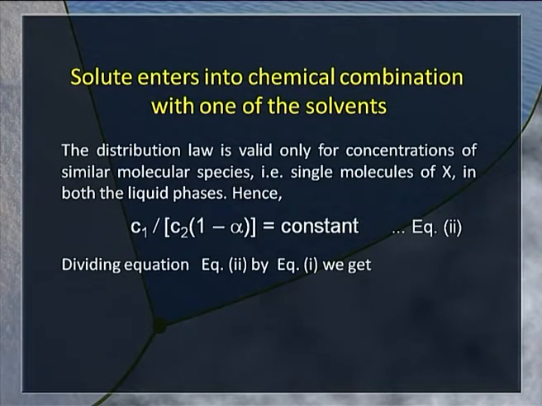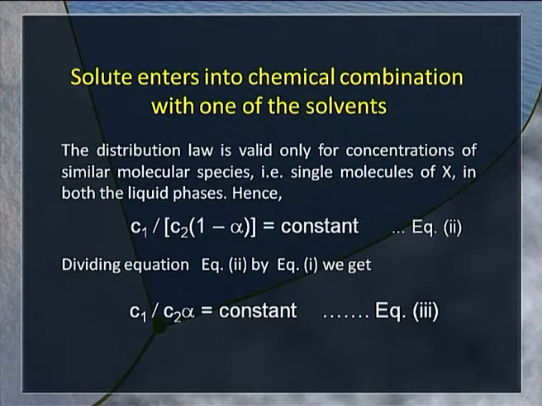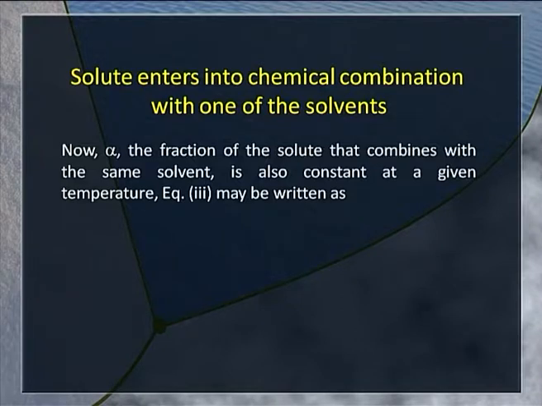Now, dividing equation 2 by equation 1, we get C1 upon C2 alpha is equal to constant. We know that alpha, the fraction of the solute that combines with the solvent, is also a constant at a given temperature. Therefore, equation 3 may be written as C1 upon C2 equal to constant. This is the original equation for Nernst distribution law.